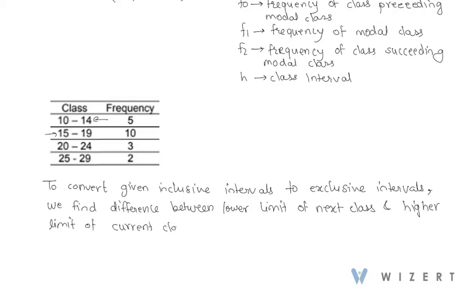So if we consider classes 10 to 14 and 15 to 19, difference equals 15 minus 14, which is equal to 1.